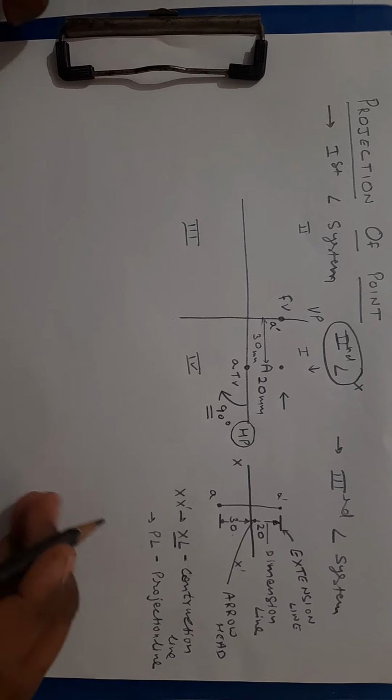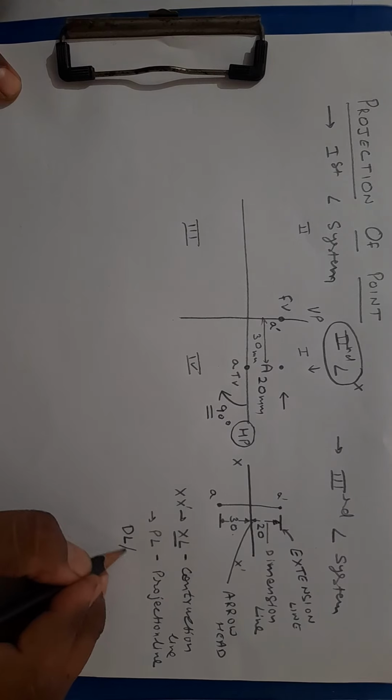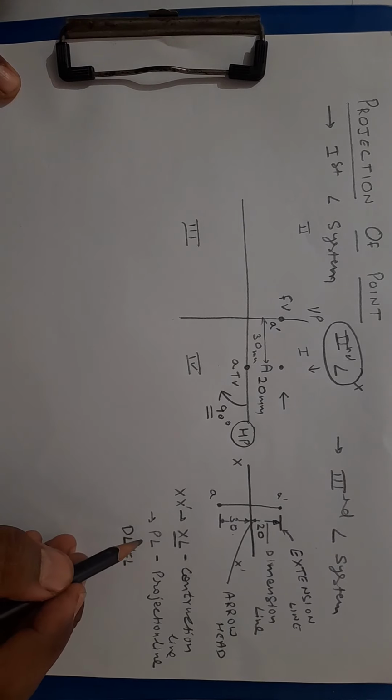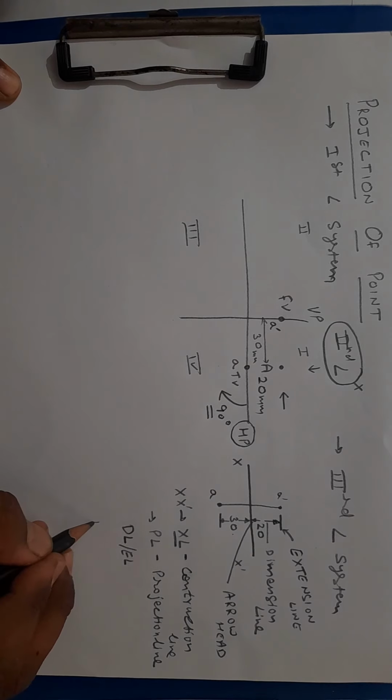Now we have the dimension line, extension line, construction line, projection line, and this A dash and A as the actual view.